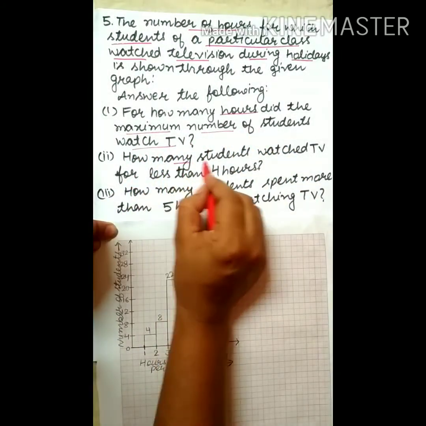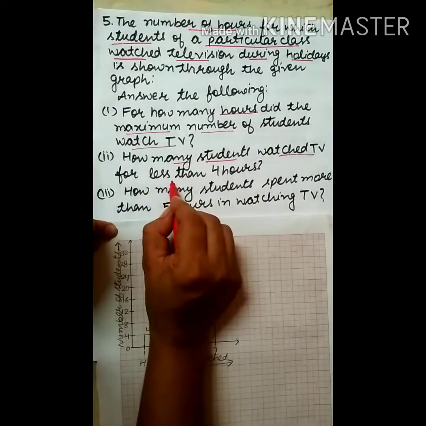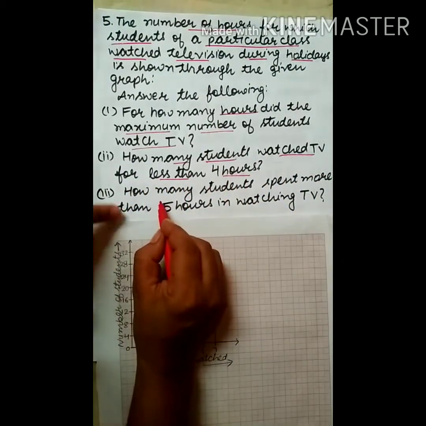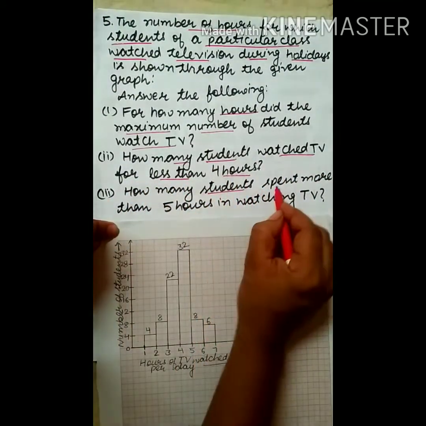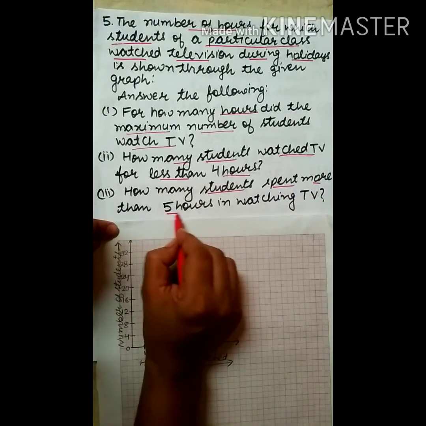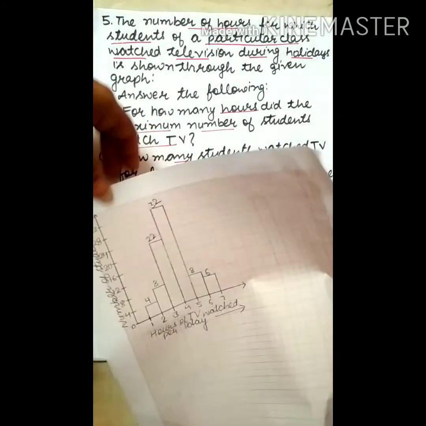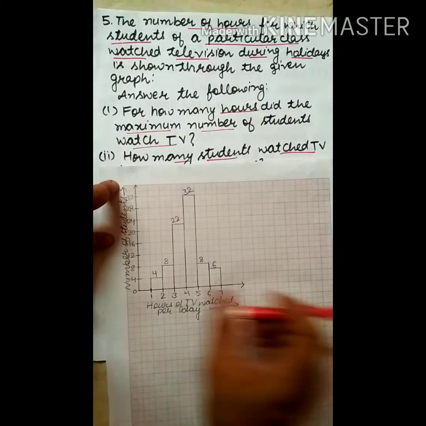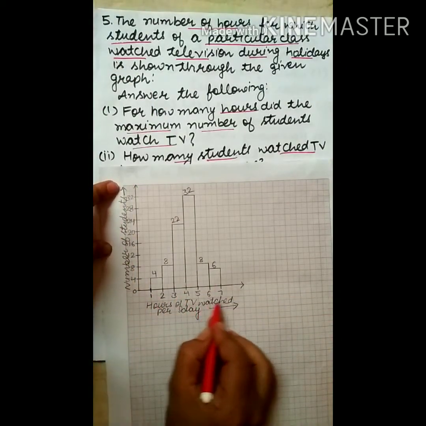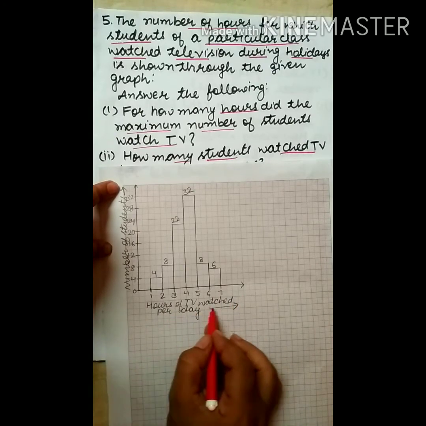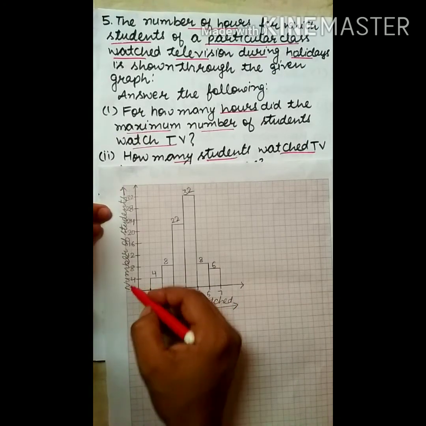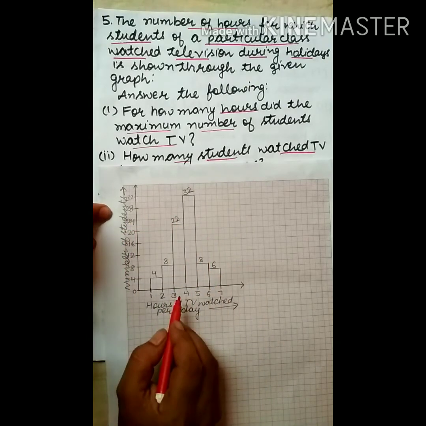How many students watched TV for less than 4 hours? How many students spent more than 5 hours in watching TV? In this question the graph is given as I have shown. Along the x-axis we have hours of TV watched per day. Along the y-axis we have number of students.